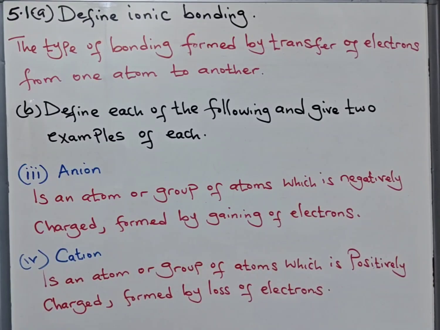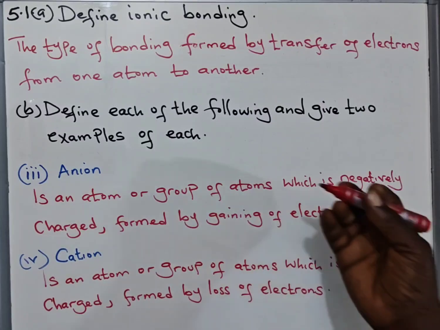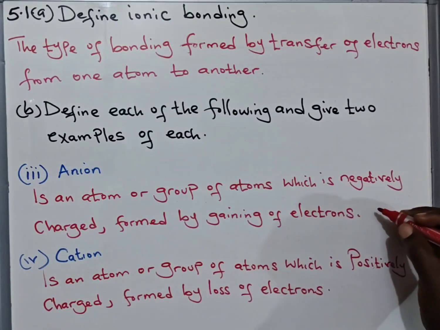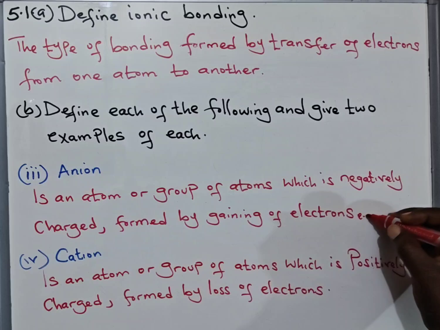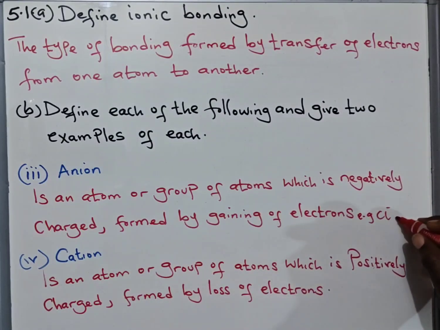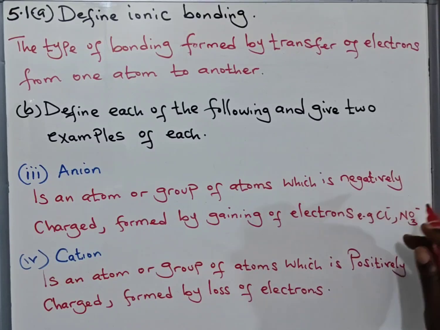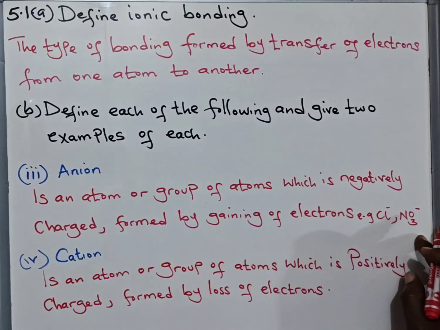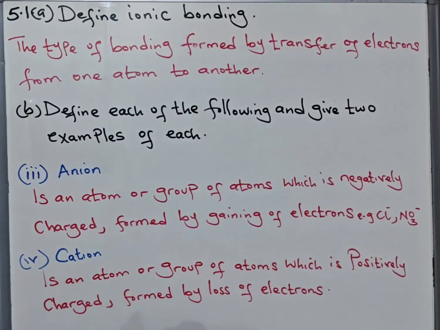And when we come to examples of anions, we have chloride ion. You can have a nitrate ion. This is an atom. This is a group of atoms. Examples of cation, you can have copper ion. This is an atom. Or you can have ammonium ion, which is a group of atoms.